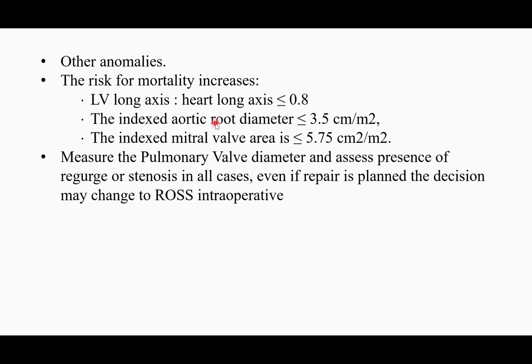If the indexed aortic root diameter is less than 3.5 centimeter per meter squared, and if the indexed mitral valve area is less than 5.75 centimeters squared per meter squared body surface area, we measure the pulmonary valve diameter and assess the presence of regurg or stenosis in all cases. Even if repair is planned, the decision may change to Ross intraoperatively. So in any aortic stenosis case, we should be prepared for a Ross operation.